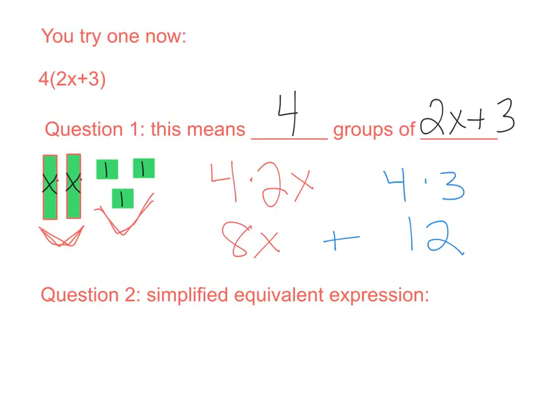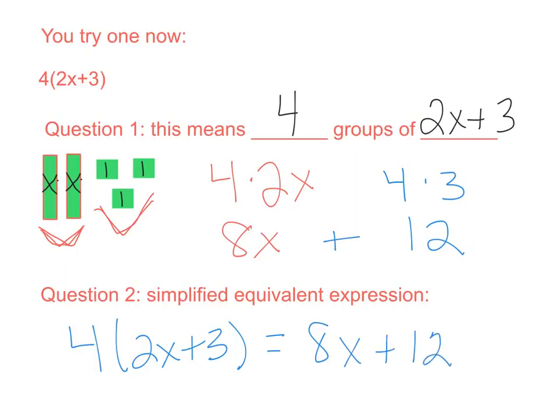So my simplified equivalent expression, so 4 groups of 2x plus 3 is equivalent to 8x plus 12. This is using the distributive property.